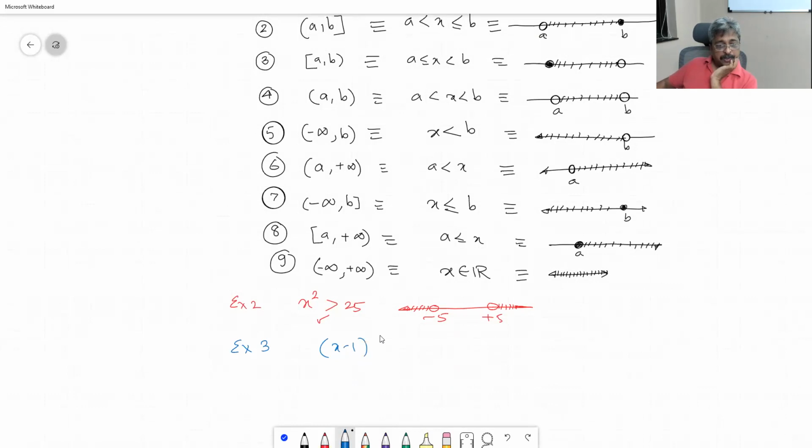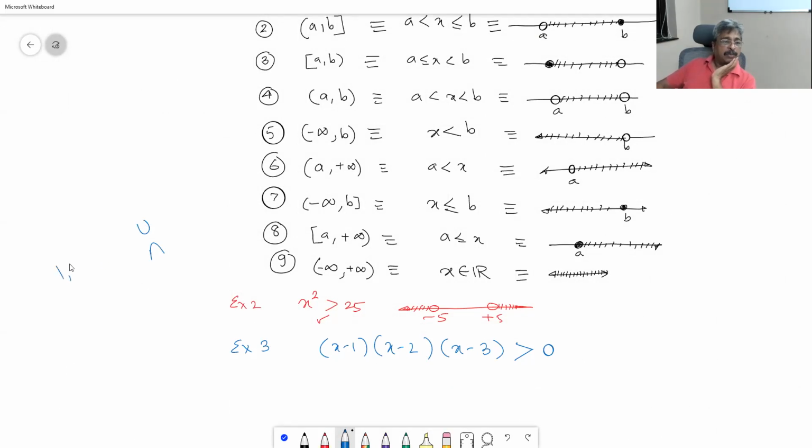(x − 1)(x − 2)(x − 3) > 0. Now you can show me, you can use union and intersection of the set.